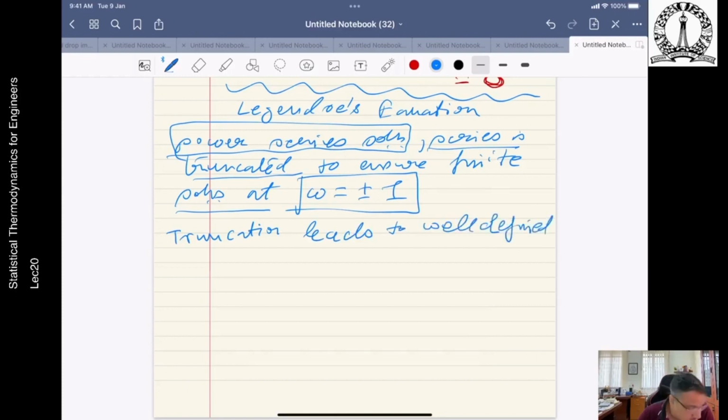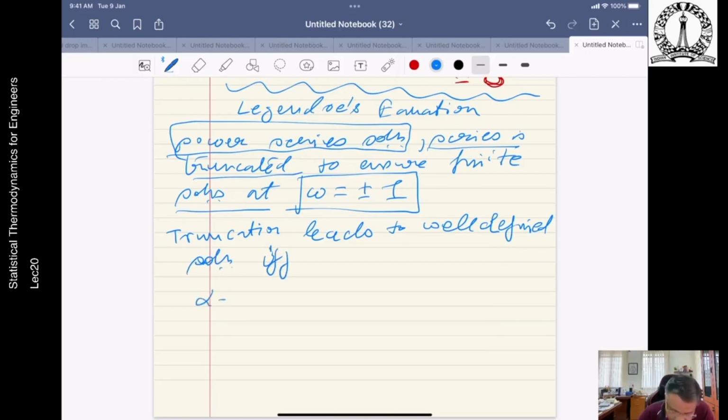Remember that the wave function has to be well-defined. The solution is well-defined if and only if alpha is equal to j into j plus 1, where j must be greater than or equal to modulus of m.